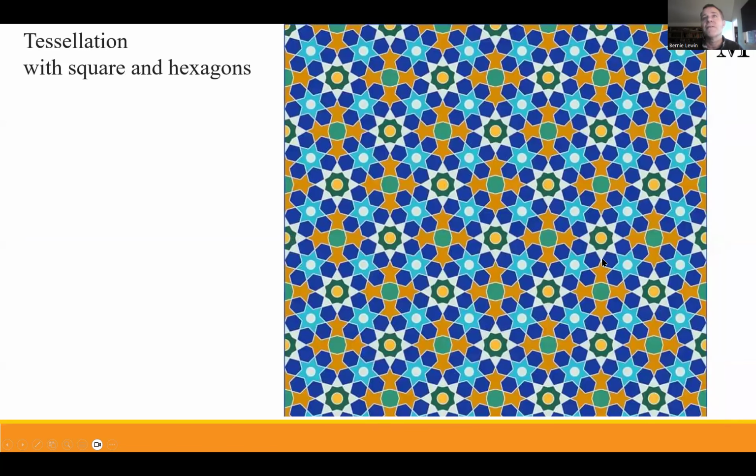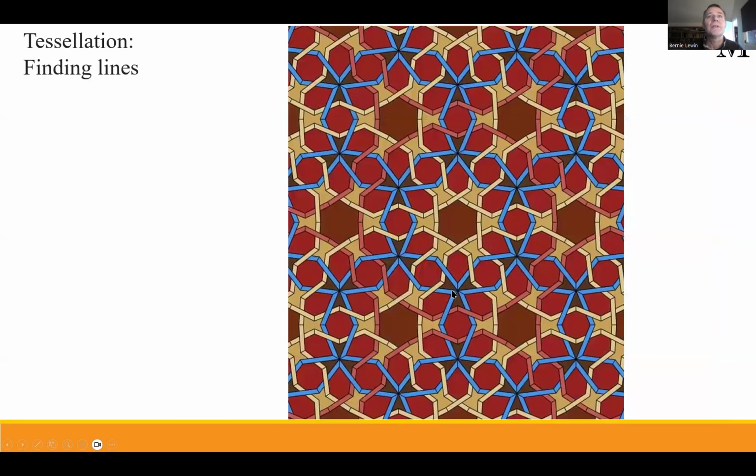Okay, and so here's a much more complicated design, and you can see how you can work with squares and hexagons together in building this design based in the hexagon. And here's a more complicated one. We talked about how you can find lines in the geometry to make, in a kind of three-dimensional way, a feeling of ribbons going up and over each other.